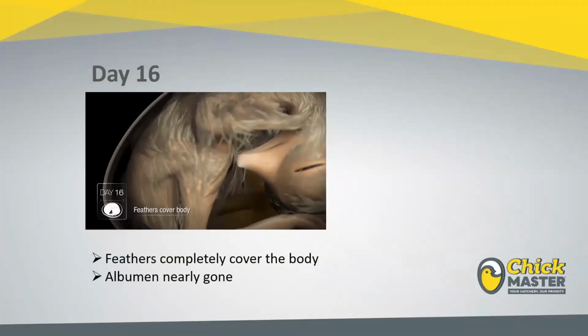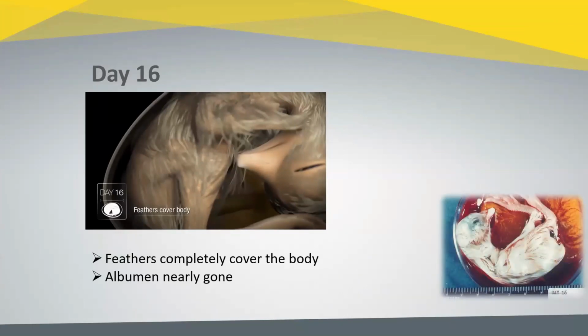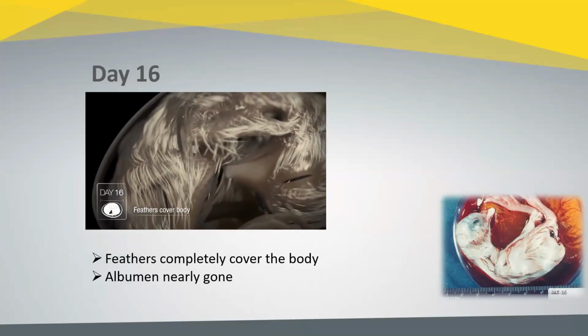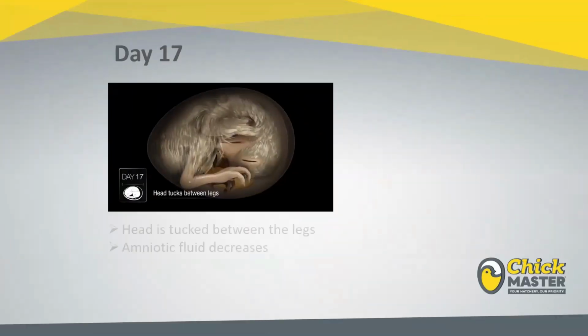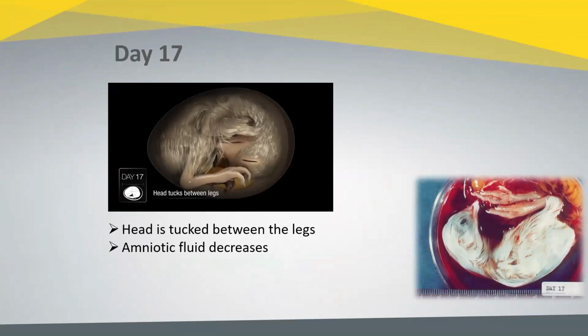By day 16, feathers completely cover the body, and then the albumin is also nearly gone. Day 17, we'll notice generally that the head is now tucked between the legs, and the amniotic fluid will decrease.